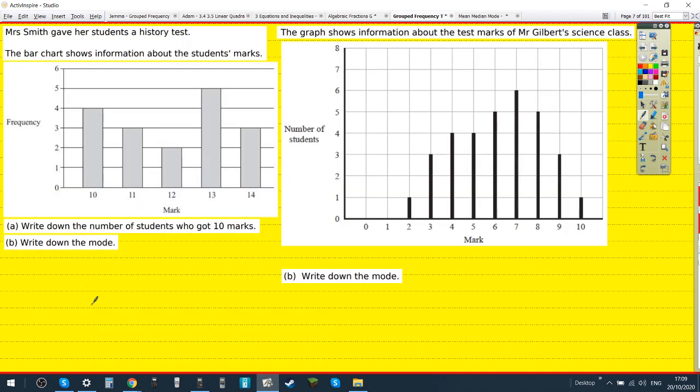So let's try the one on the left, A and B. Write down the number of twos. Write down the mode.